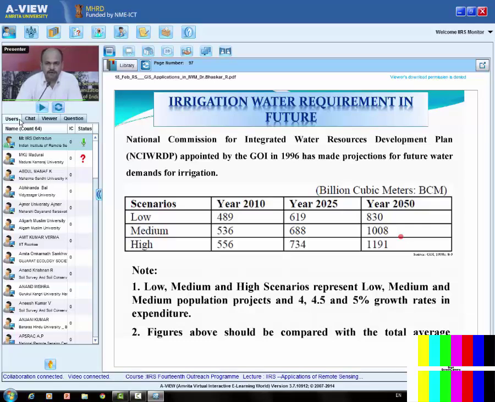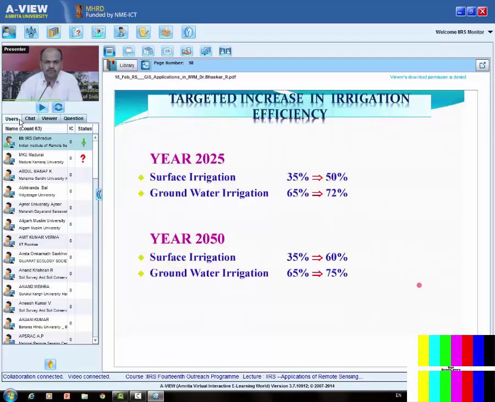To improve that, we need to know at what level we are performing right now. The solution could be that by 2025, all surface irrigation projects should perform at 50% efficiency and groundwater projects at 72%. By 2050, all surface irrigation projects should be performing at 60% efficiency and groundwater projects at 75%.